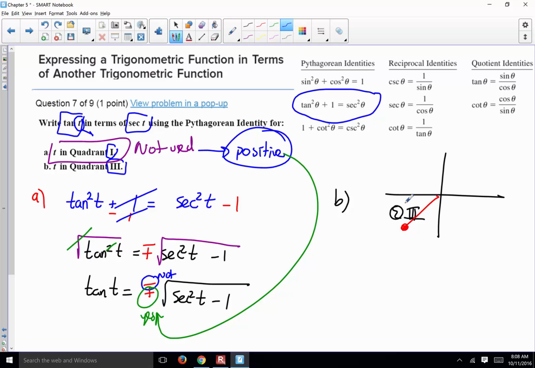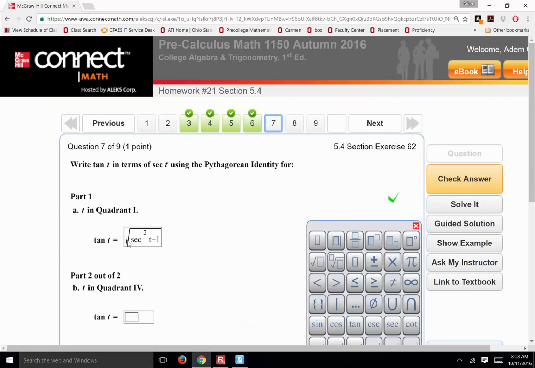In any point here, what kind of x and y values? Negative, negative. And tangent of this angle is y over x, right? It's negative over negative. What is negative over negative? So again, we are going to go with the same answer, the positive answer. So copy this and put it there.